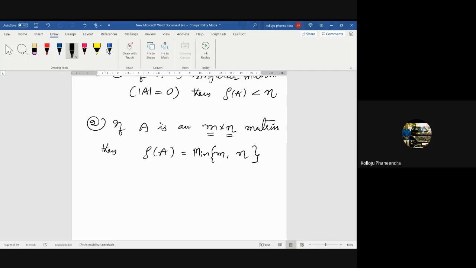If m is the minimum, for example 3 by 3, and all 3 by 3 square submatrix determinants are 0, then the rank is less than m. Therefore, it may not be equal; it may be less also. So what is the final answer? The final answer is rank less than or equal to the minimum of m comma n.